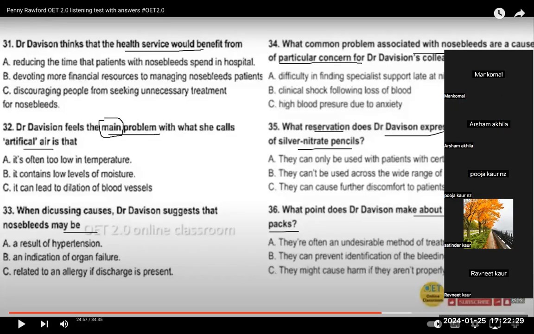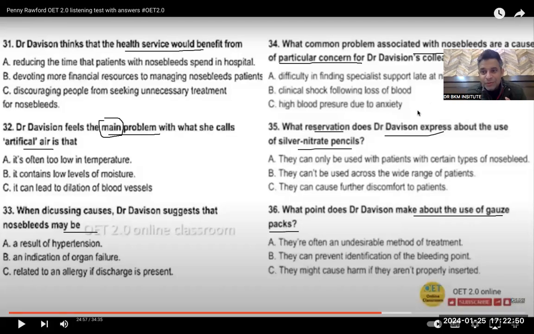Did you learn? Komal ma'am from New Zealand, you were the one who was asking me that part B was correct and part C was wrong. Now ma'am must be sleeping. Please, guys, it's not difficult. We just have to pay attention.